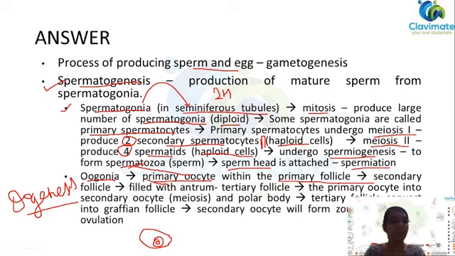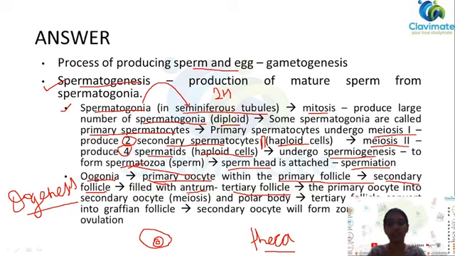The primary follicle forms the secondary follicle. What makes it different from the primary follicle is the presence of a layer called the theca layer. When this follicle is filled with a fluid called antrum, it forms a tertiary follicle.